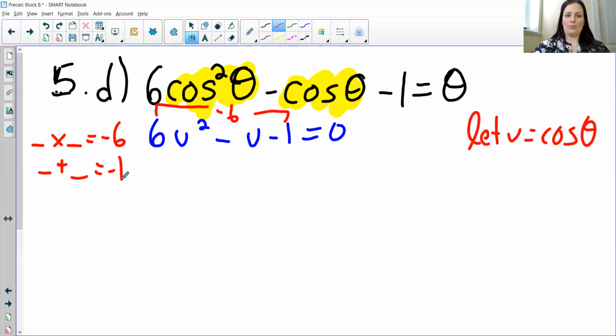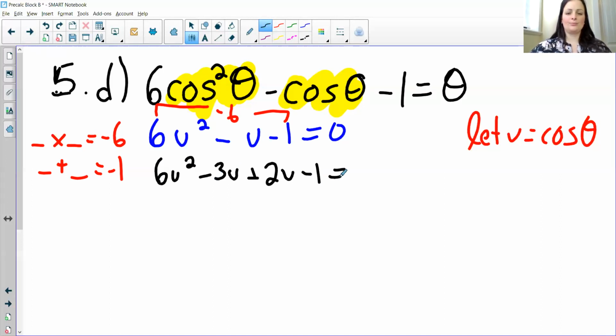If you were stuck on that part, pause the video now and give that a try. Okay, so the two numbers are -3 and +2, because -3 times +2 is -6, and -3 plus 2 is -1.